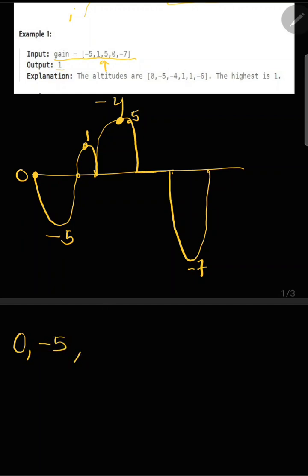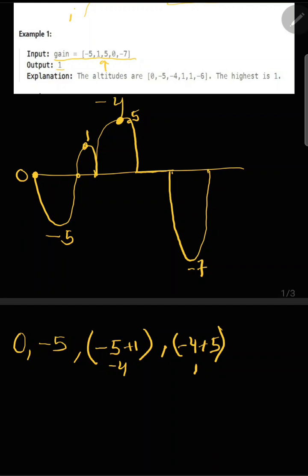From -5 it is going where? To 1. This is a positive gain, so -5 plus 1 is -4. From -4 where is it going? To 5. So -5 plus 4, this is a positive gain, so this will give us 1.